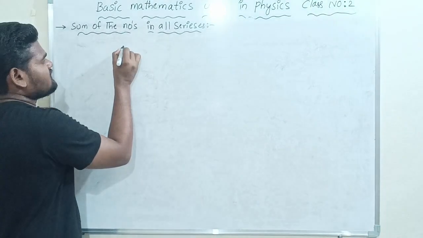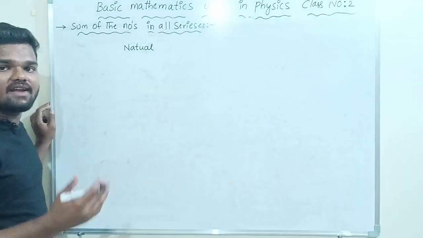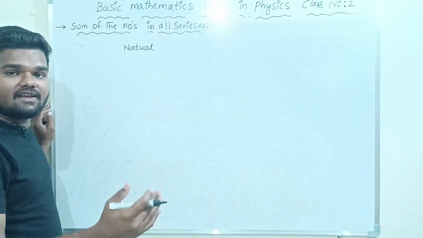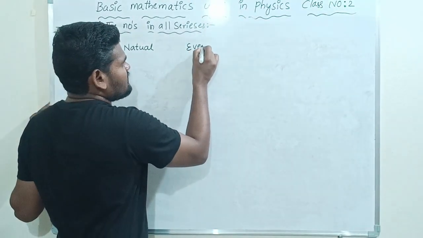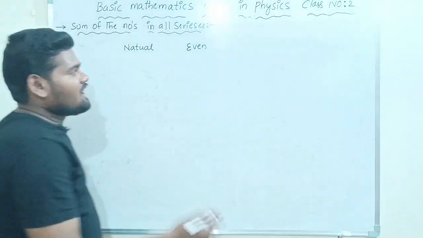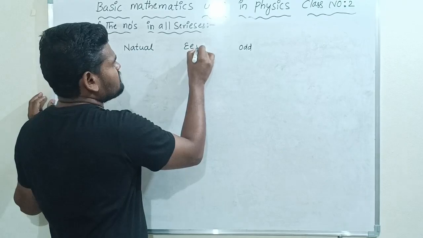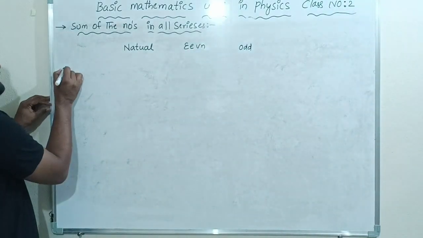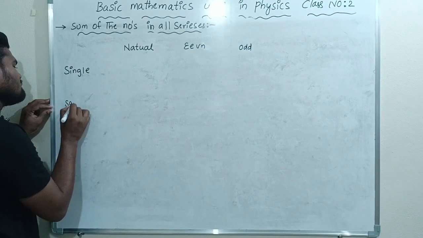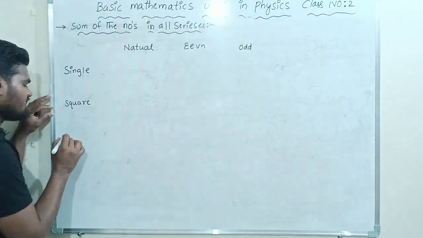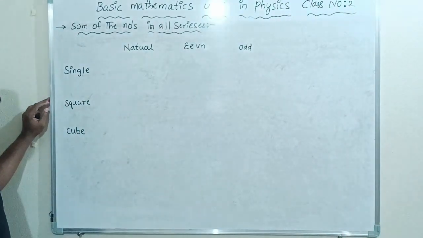If the numbers are natural numbers, natural numbers means 1, 2, 3, and so on up to n. If the numbers are even numbers, and if the numbers are odd numbers, and they are single, or they are having a power square, or they are having the power cube, that means 3.